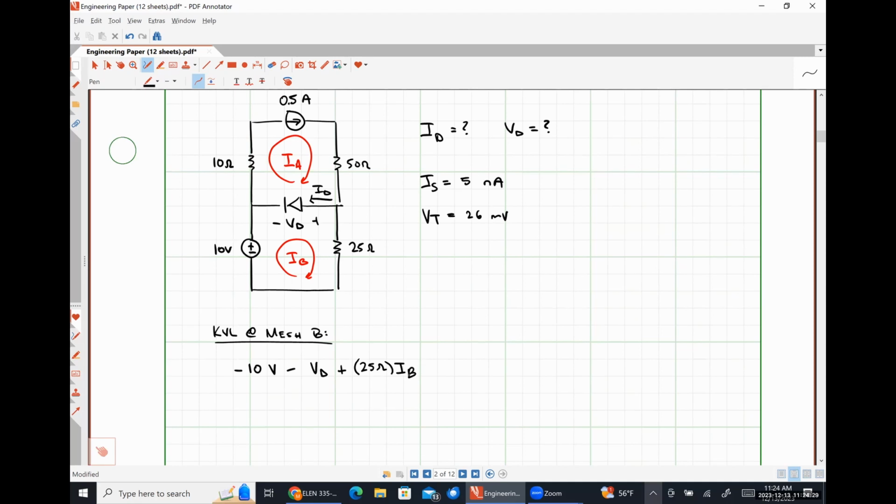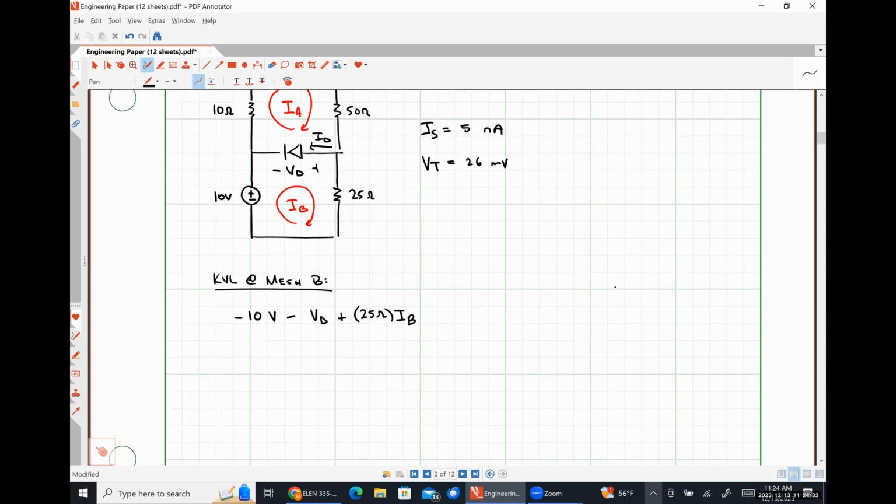Okay. So we also know, so this is a current relationship equation effectively, that our mesh current IA is half an amp.